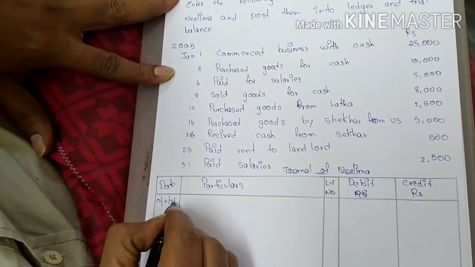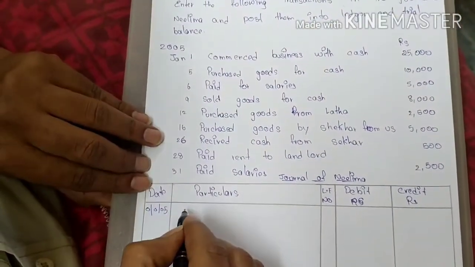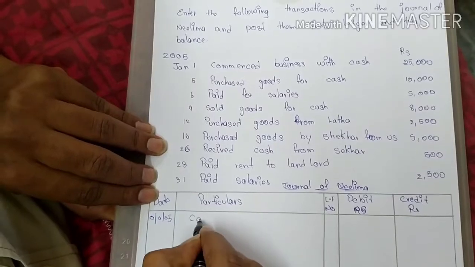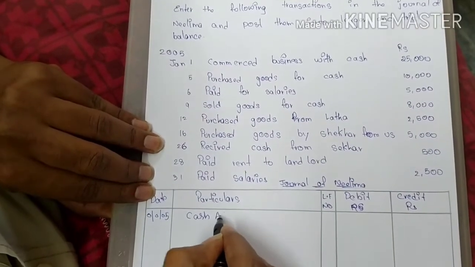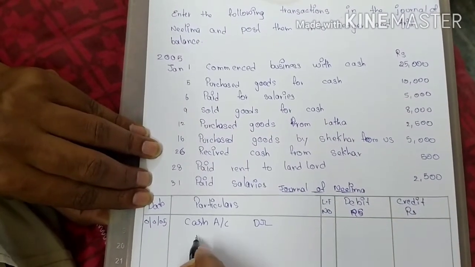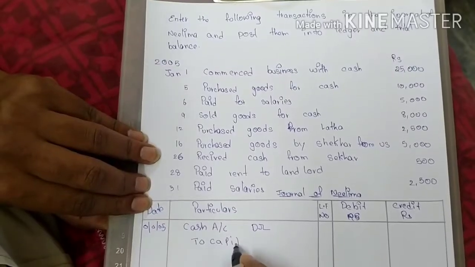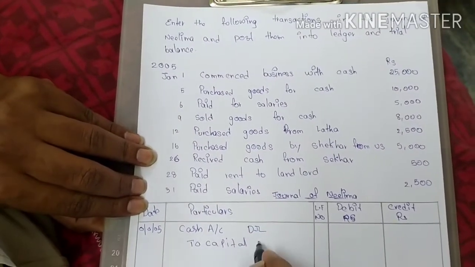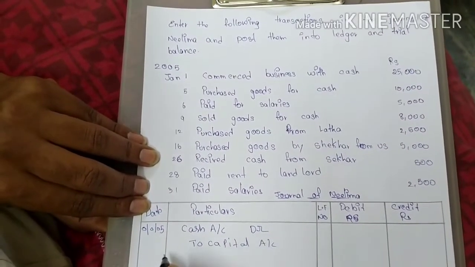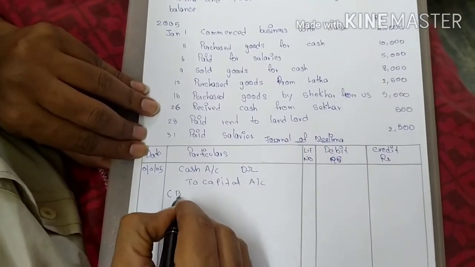1st January 2005, commenced business with cash. It means cash account debtor to capital account. I already told you why we should write it in the earlier videos.